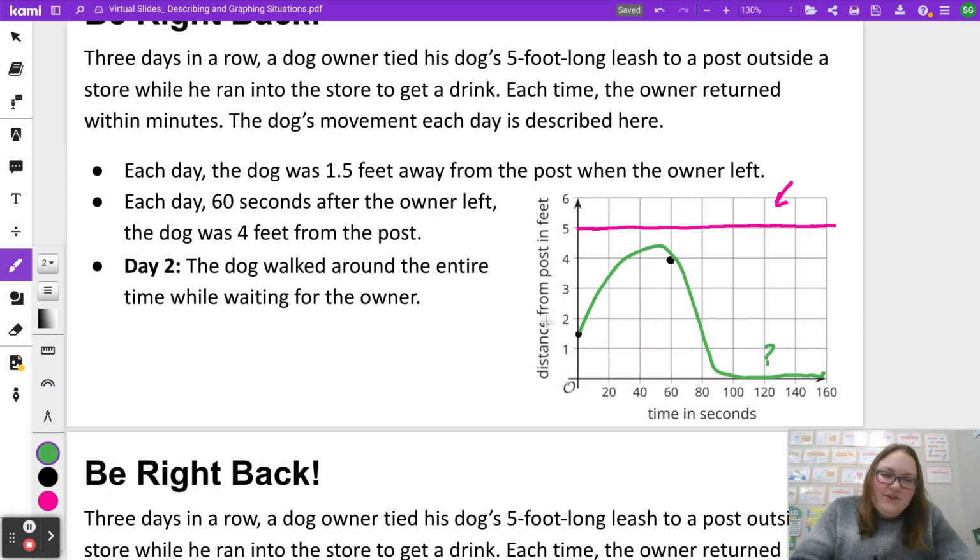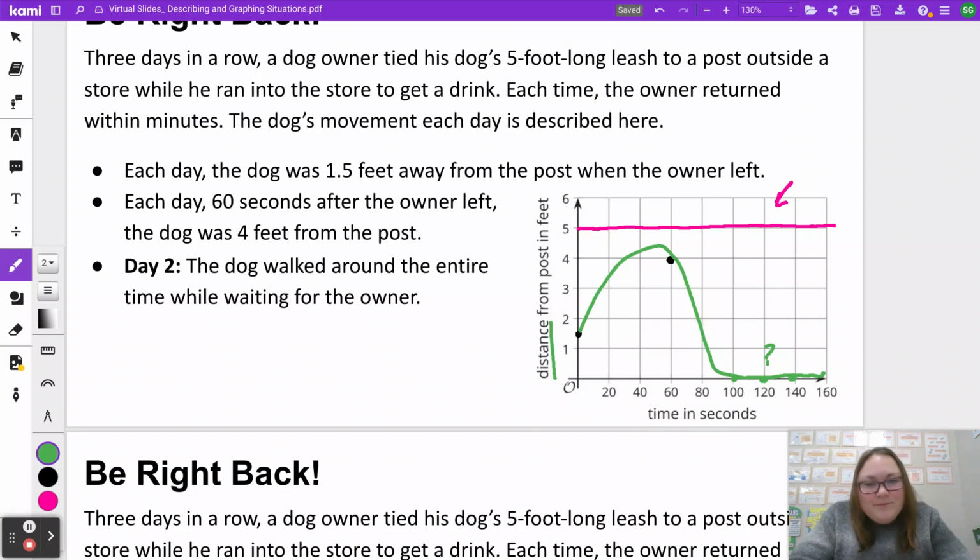If I think about it using these words, time is moving forward. Time is passing. But here, where is the dog? The dog is 0 feet from the post. Where's the dog here? 0 feet from the post. Where's the dog here? 0 feet from the post. What is that dog doing then?